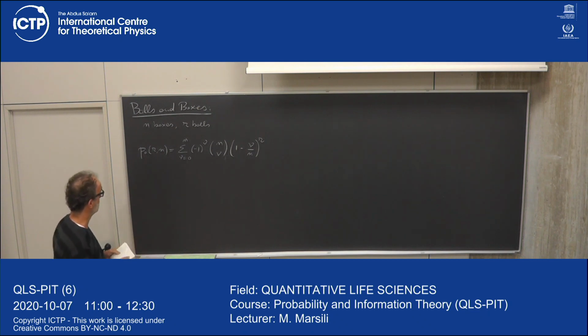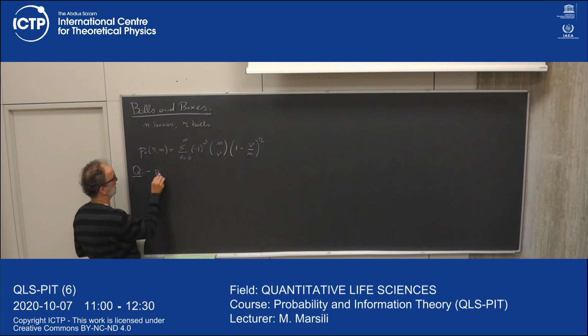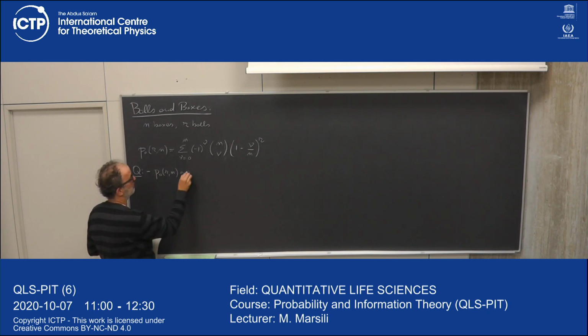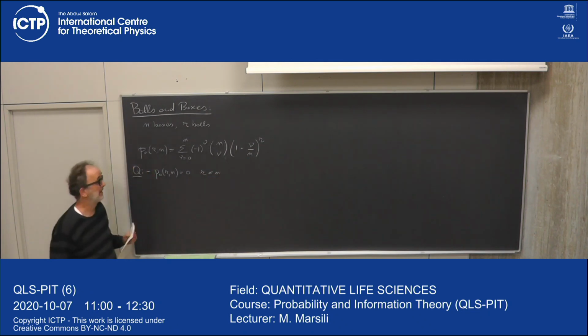So there are different questions that one can ask. So type of questions are, say, for example, we should see that this probability should be equal to 0 when r is less than n. Okay, it's not at all evident from this expression.